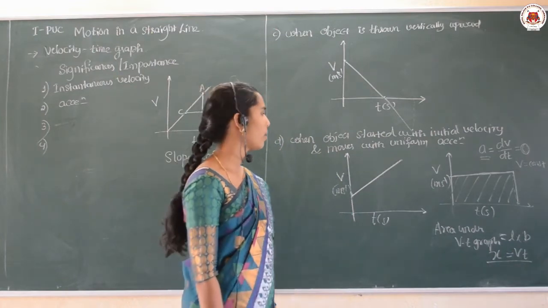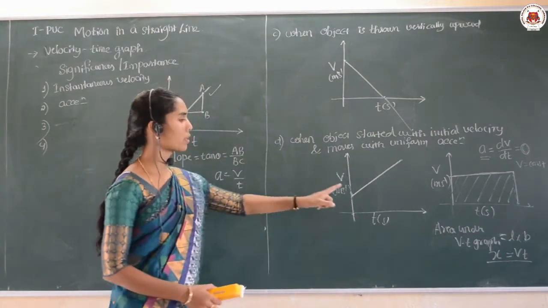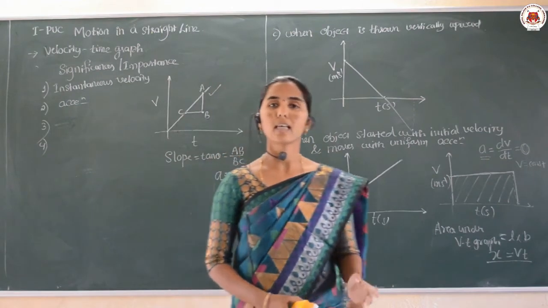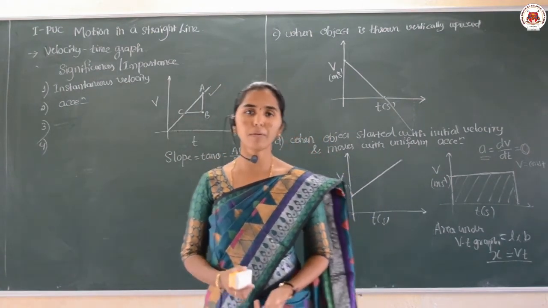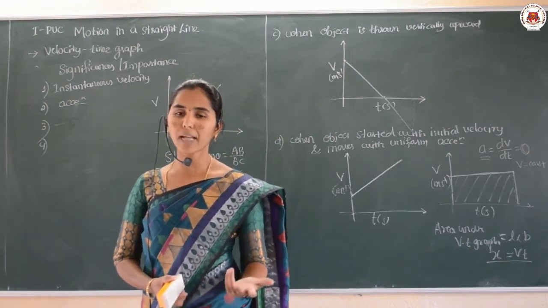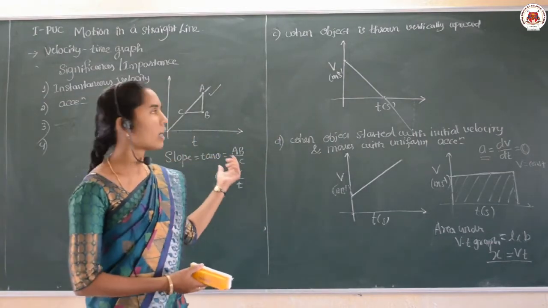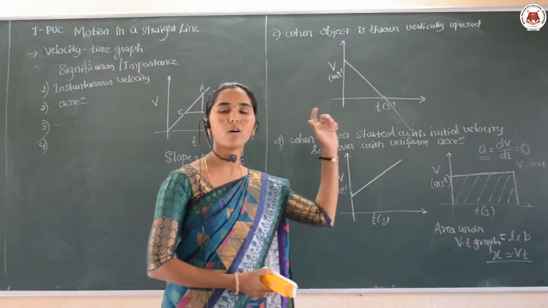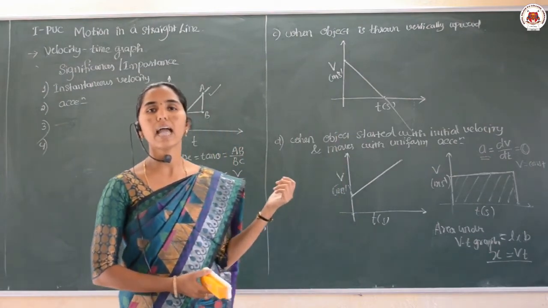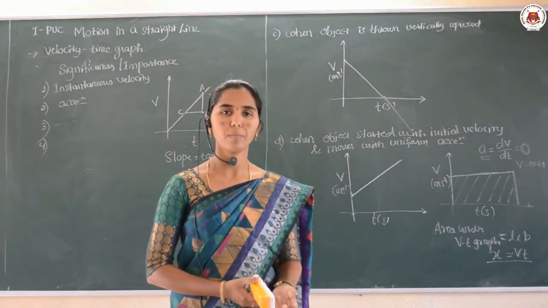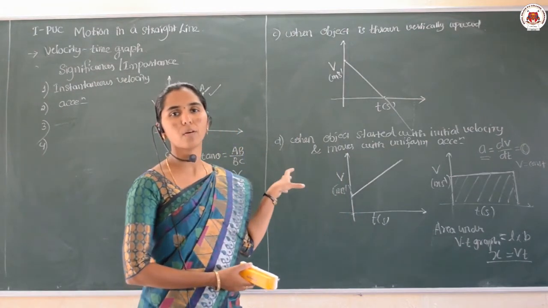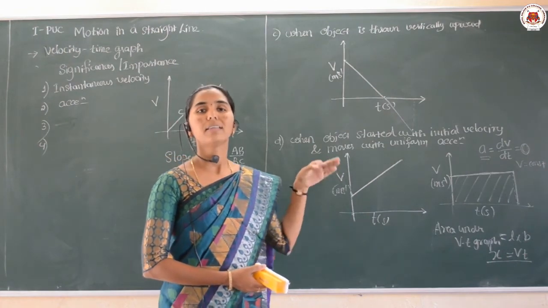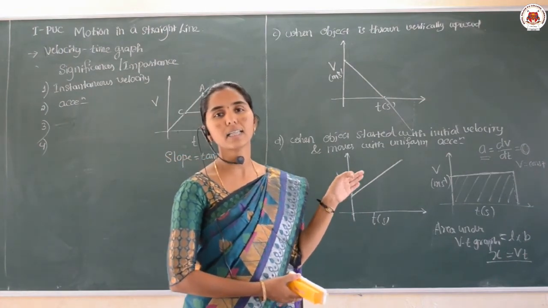See dear students, these two points are very important for your examination, for the theory one mark question or for competitive exams also. Sometimes there may be a question, what does the slope of the velocity time graph give? It gives the acceleration of the body, or the instantaneous acceleration of the body.